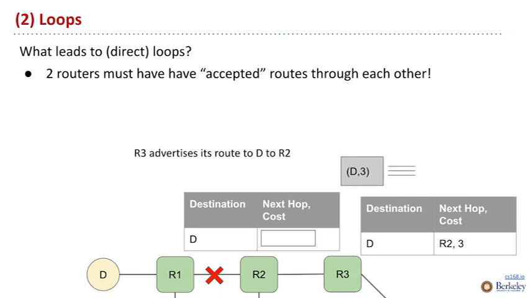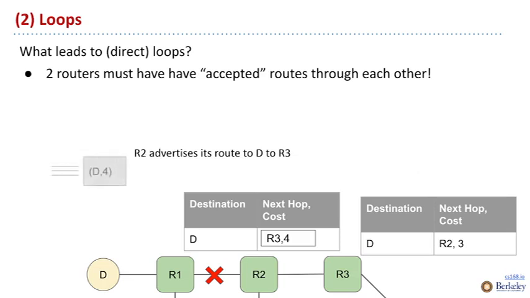That advertisement comes in, and R2 is pretty happy about that because it no longer has any way to get to D, and so it's very happy to hear that R3 does have some sort of way to get to D. So great, R2 accepts that, says my next hop is R3, the path cost of 4, which was the cost of R3 plus the one hop cost to get to R3.